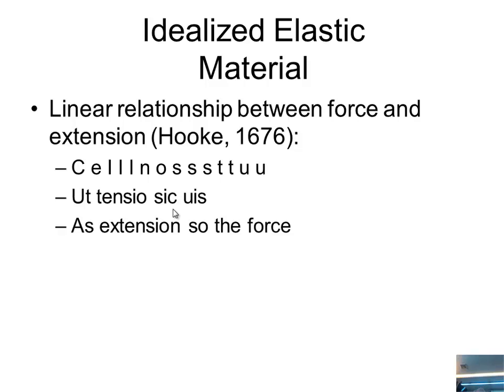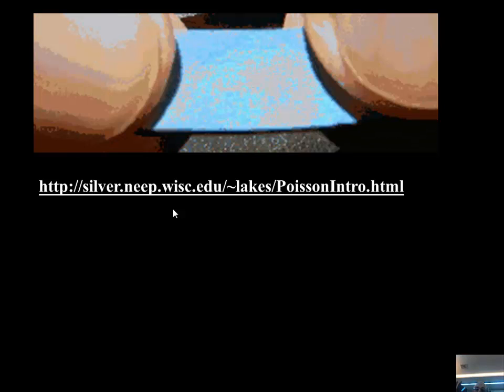So that means, this is the old definition in Latin, but it's basically like a spring, right? The more force, the more displacement. And also there's the Poisson ratio. So it's like our rubber band time at the beginning of our lecture.